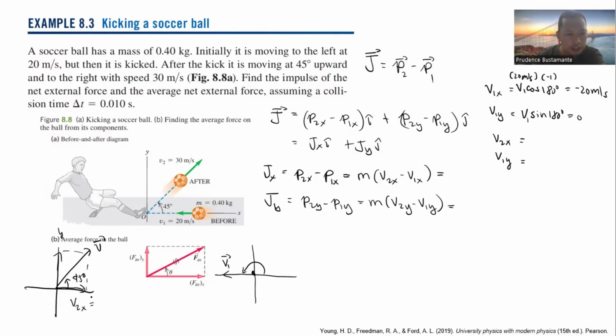Since we're using the angle from the positive x-axis to the vector, the x component is automatically cosine. So we have 30 cosine 45 degrees, which gives 21.2 meters per second.